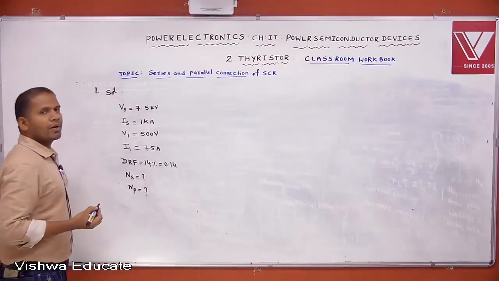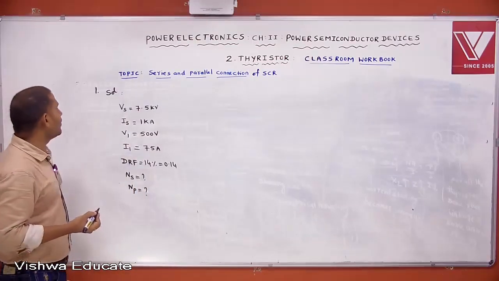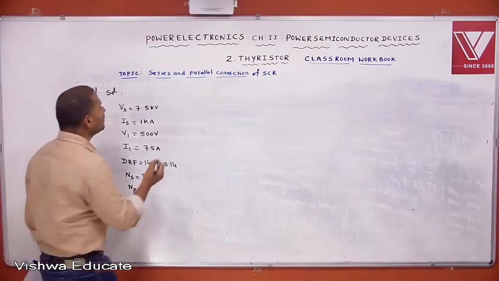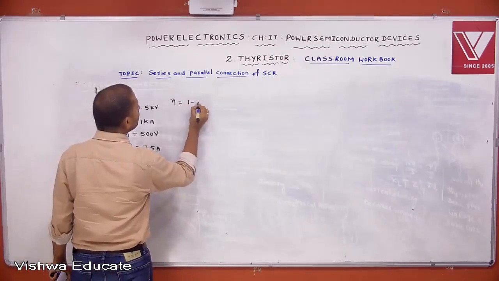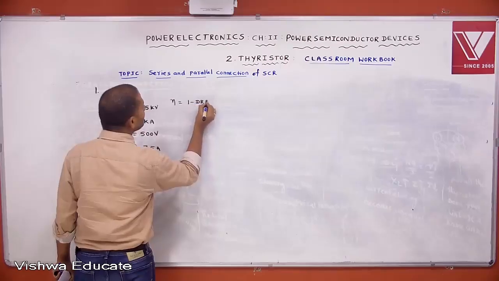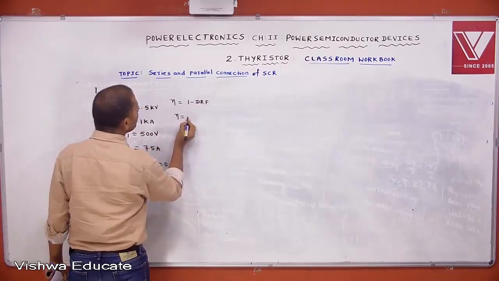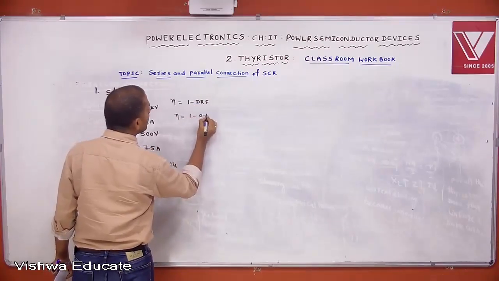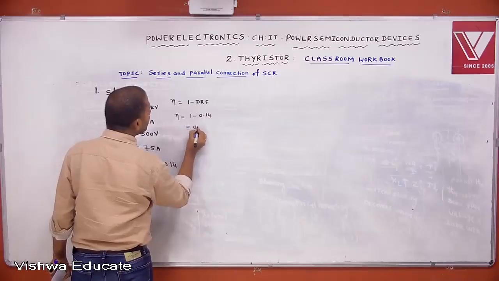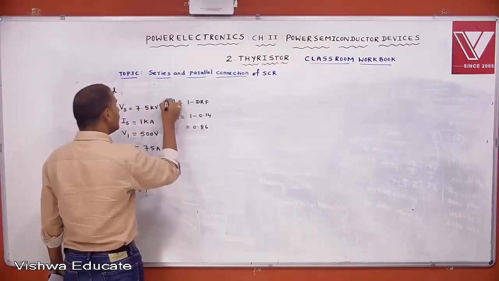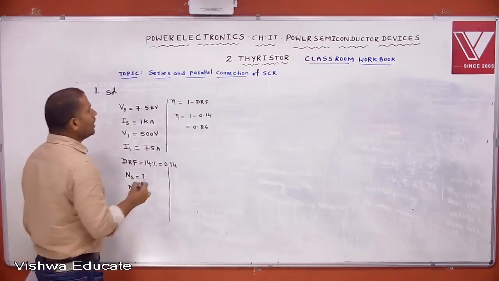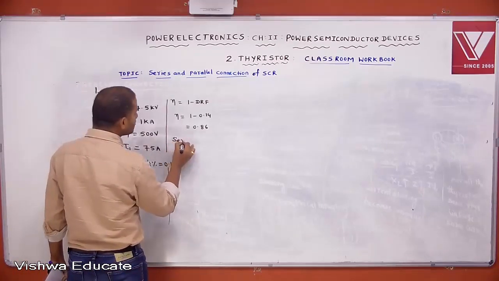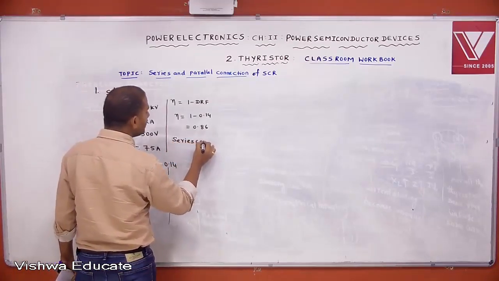First, tell me what is string efficiency? String efficiency equals 1 minus derating factor. Then string efficiency equals 1 minus 0.14. How much do you get? 0.86. String efficiency is 0.86. Now I want to calculate series connected SCRs.